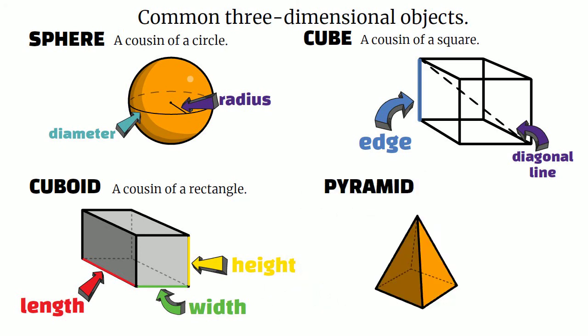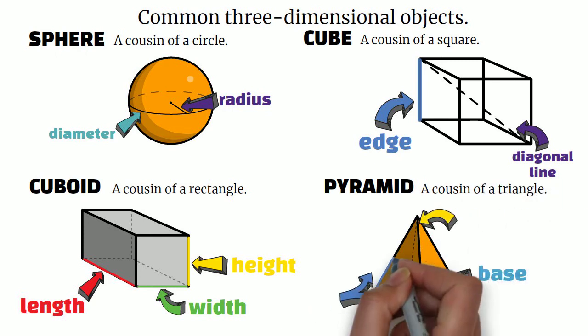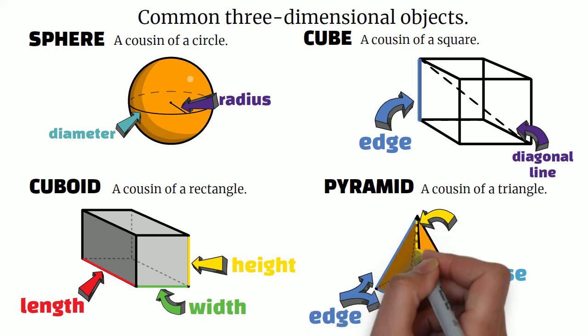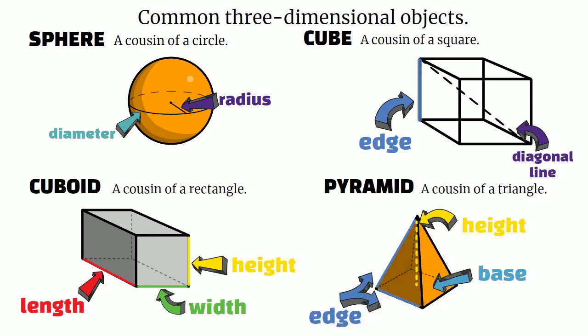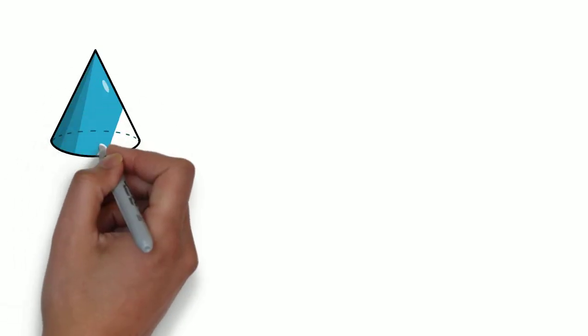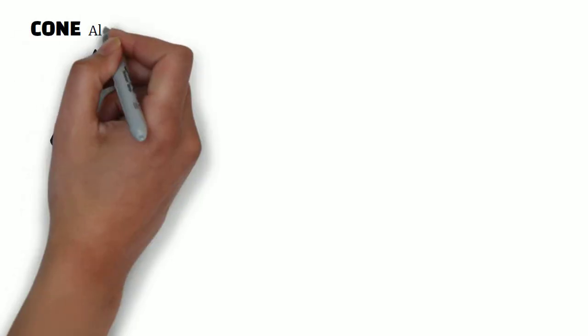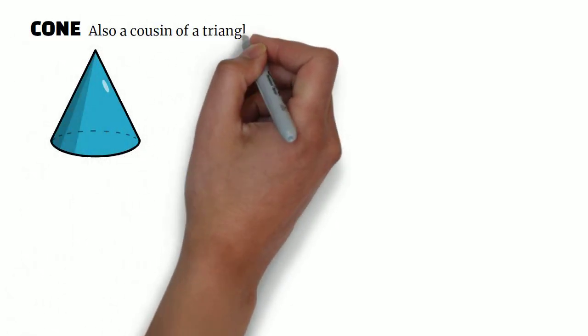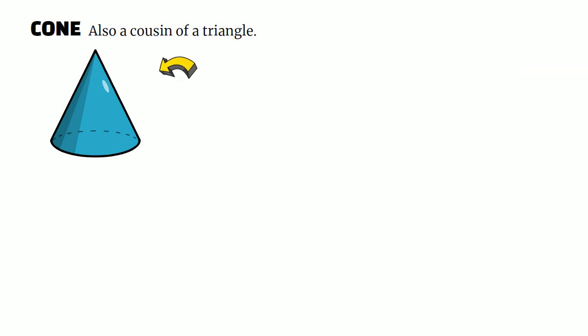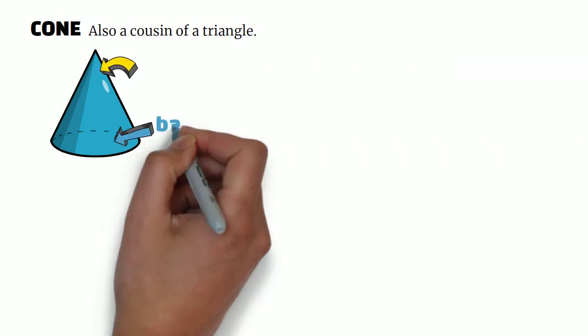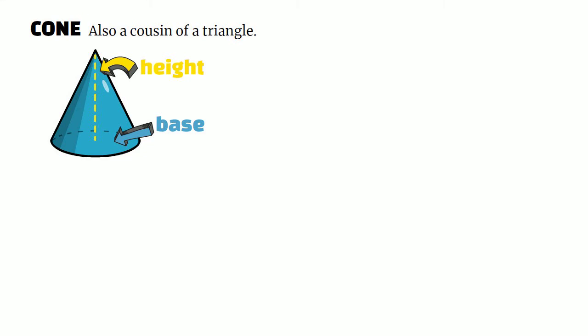A pyramid, a cousin of a triangle. The most important dimensions here are the base, edge, and height. A cone, also a cousin of a triangle. The most important dimensions here are the base and the height.